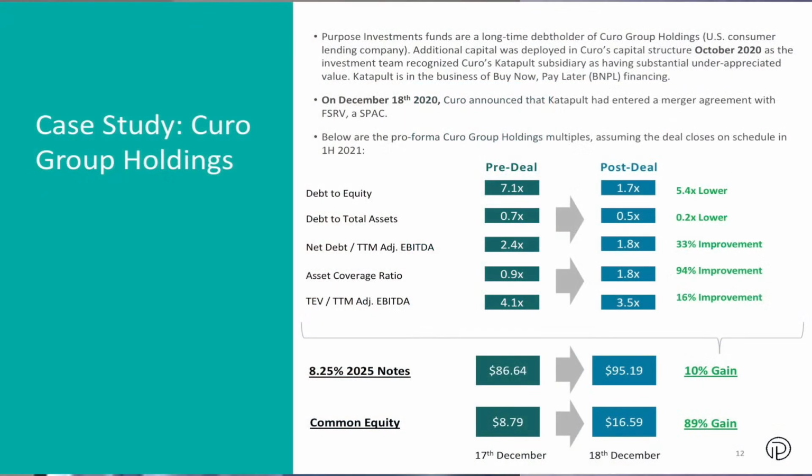As a result, Curo's leverage is now lower and its asset coverage much higher. It's been a very good story for the capital structure as a whole, and we believe this is going to be repeated in other companies through 2021. So with that, I'll stop there and we'll pause for questions.